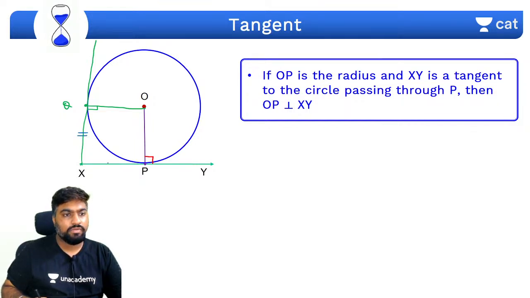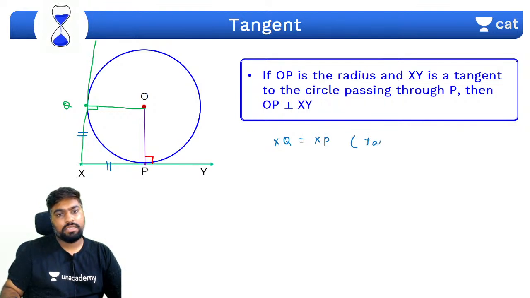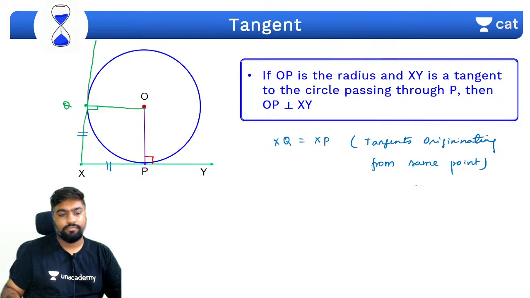So XQ will be equal to XP. Why? Because tangents originating from the same point are equal. Got it?